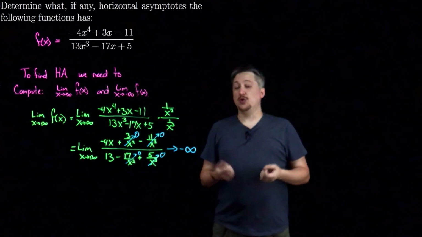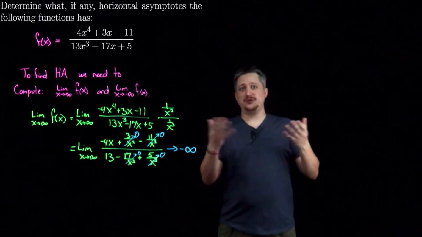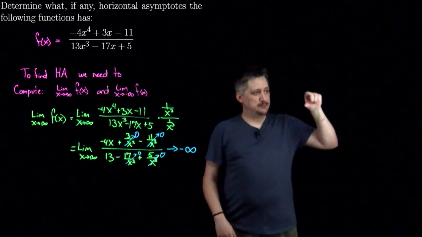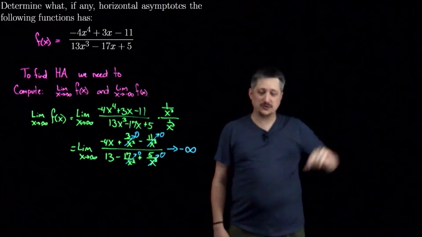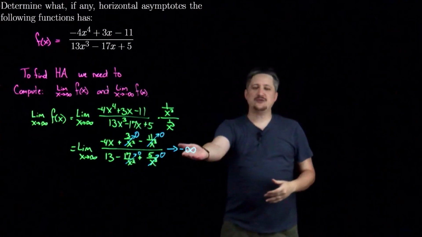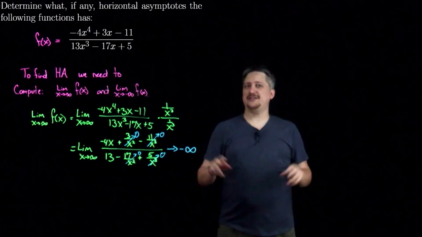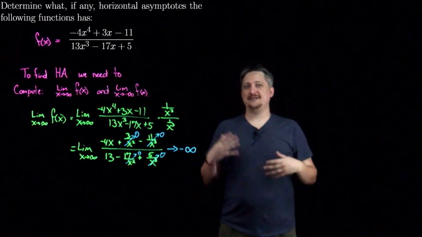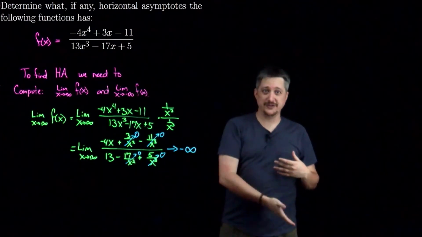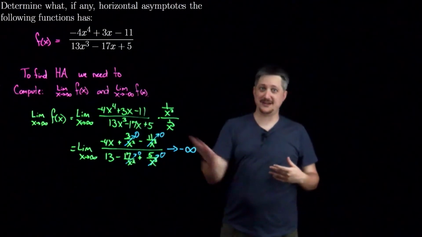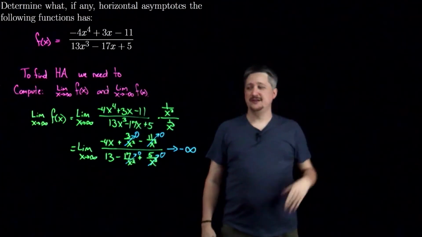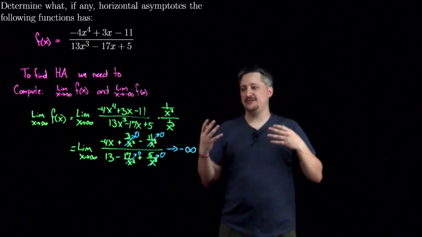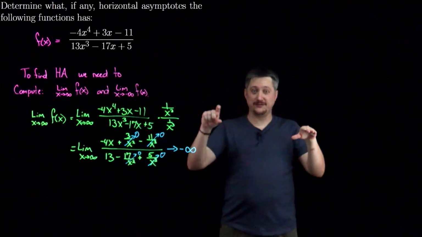And so normally if you have a horizontal asymptote of, say, y equals 2, that's a nice line, and the function gets pulled down and stays really close to 2. But it makes sense what it means here when we say the horizontal asymptote is negative infinity. What we're saying is that the function is getting pulled toward negative infinity, meaning it's not going to flatten out anywhere. So we say that there's no horizontal asymptote because there's no finite line that the function gets pulled into.